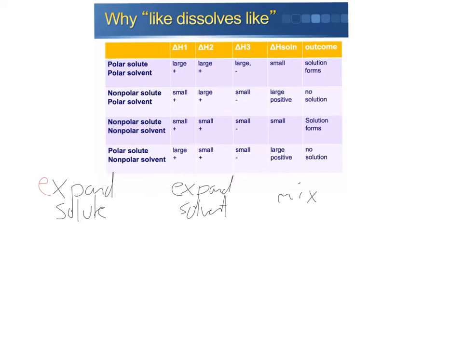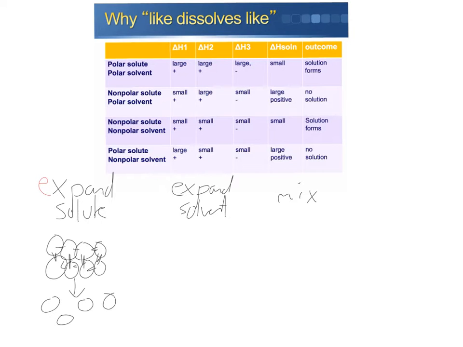So if you want like dissolves like, if you want two things to dissolve, first thing I want to point out is when you're expanding something, delta H1 or 2, notice these are all endothermic. You're breaking intermolecular forces here. Okay, if you have particles that are really close together, and you want to break them all apart, you need to overcome all of those forces so that you can get them spread out.